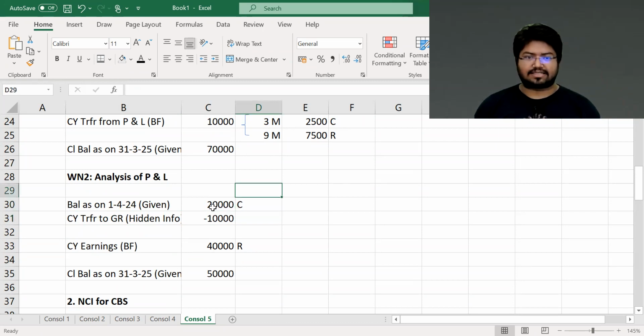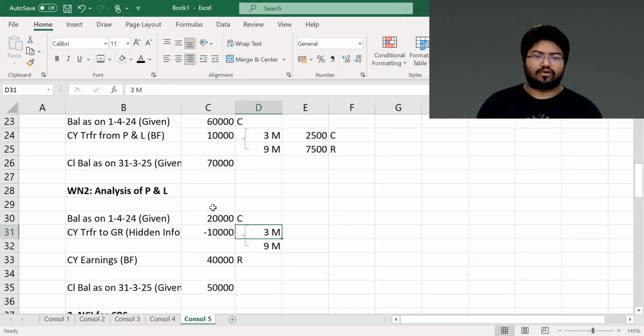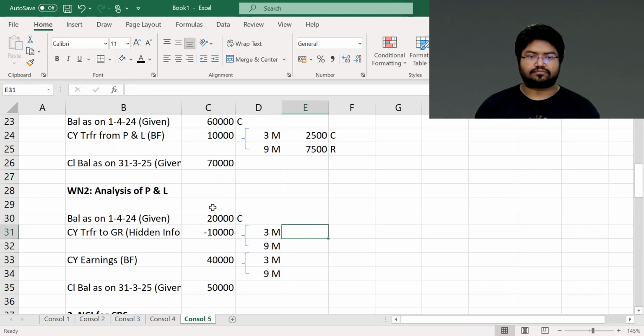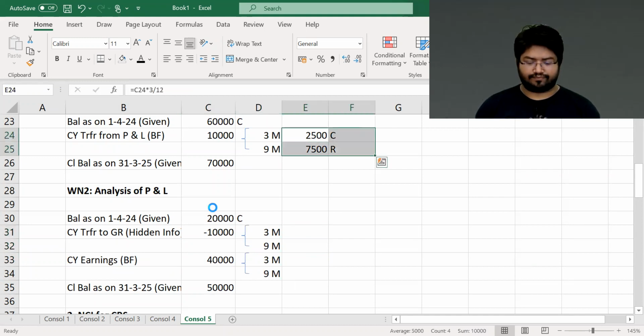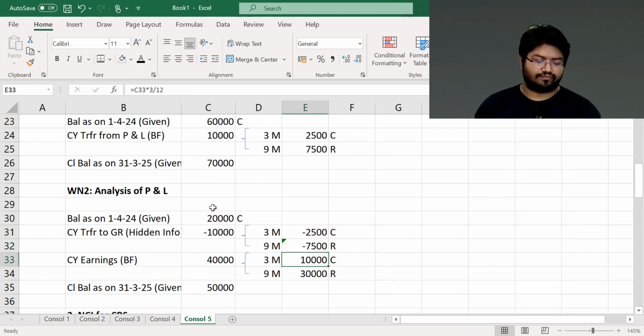Again, you should split this and show. Same way for this 40,000 also, you need to split it and show how it was earned. Is that clear, people? Yes, sir.